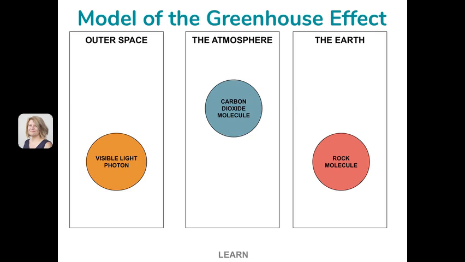And on the left side, we have these visible light photons. These are tiny packets of energy that come from the sun. They are the photons that we can see. So when the sun's rays come towards us, we have visible light photons, those little packets of energy that are coming from the sun towards the Earth.